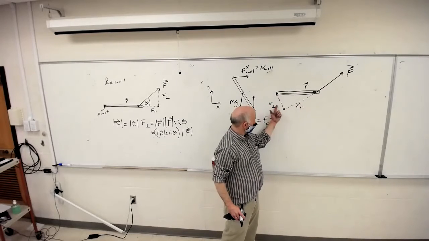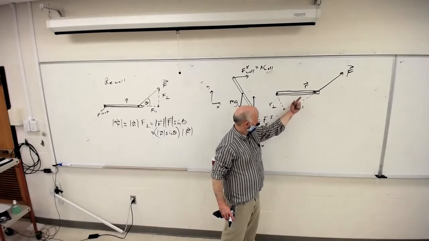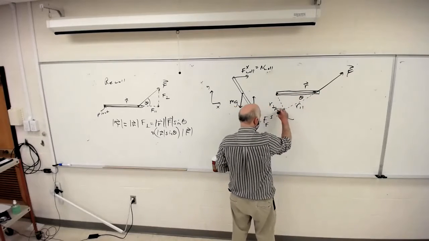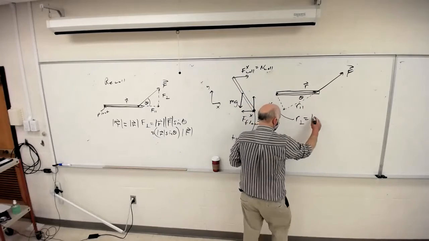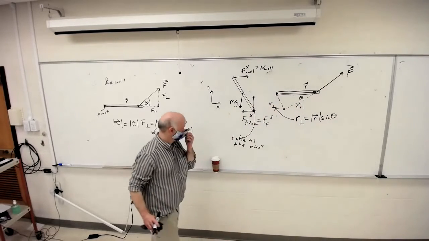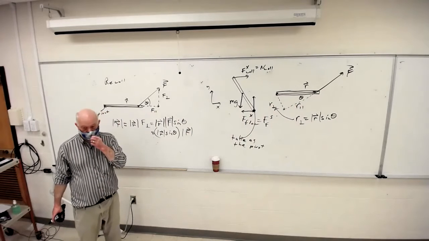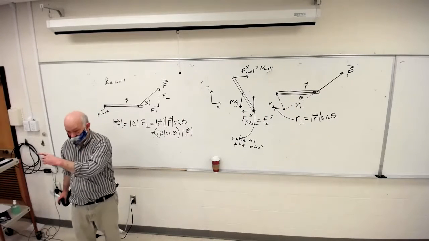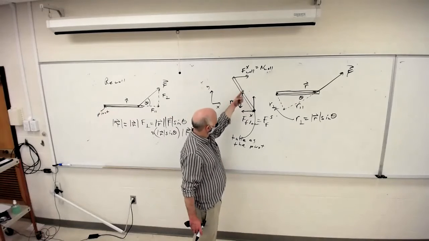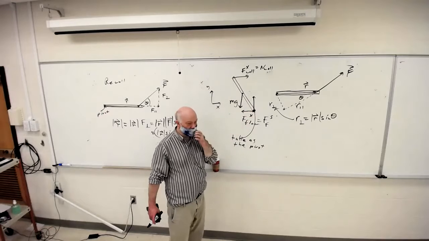So this is the part of R that's perpendicular to F, and the part of R here that's parallel to F. This is theta here. You could say, well, thanks, that's useful. It is. In this case here, here's my R and here's my F. If this is R, what would be R perpendicular in the picture?